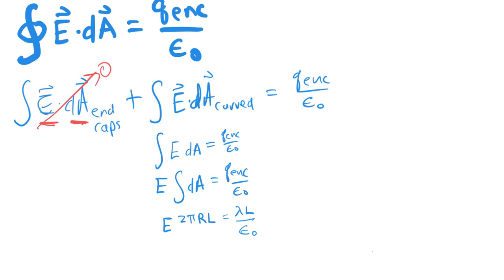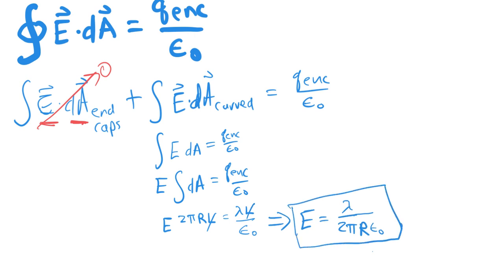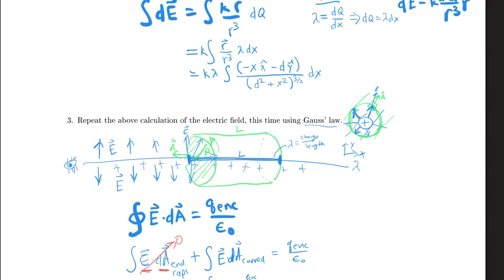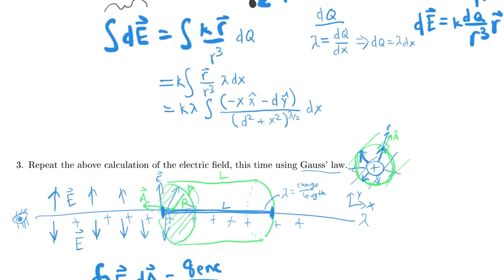And you can notice that we have two L's, so those L's can cancel. And then we just know that the magnitude of the electric field is going to equal lambda over 2 pi r epsilon naught, where r is the distance away from that line of charge. This is, I think, an easier way to do it than doing our crazy integral over here, right?